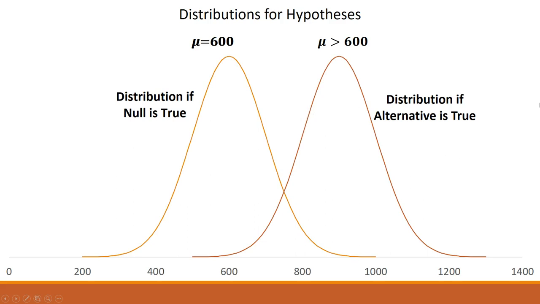Now, I've just said you've gone in and collected a sample of data from these farmers and found some sample mean income of the farmers that have fertilizer. Let's say that you find a sample mean of 650.